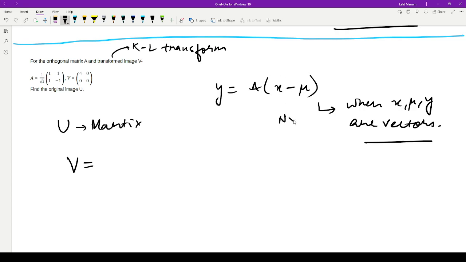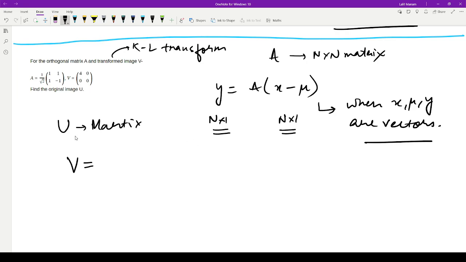So if this is an n cross 1 matrix, and A is an n cross n matrix, then it is mapping it to an n cross 1 matrix. I'm just talking in terms of matrices, right? It takes an n cross 1 matrix and transforms it to another n cross 1 matrix.